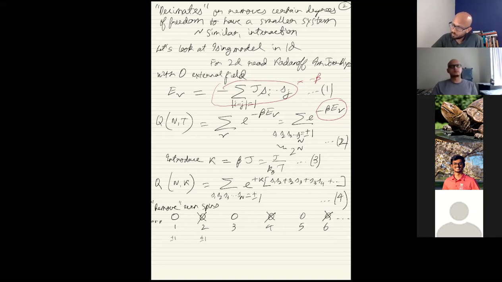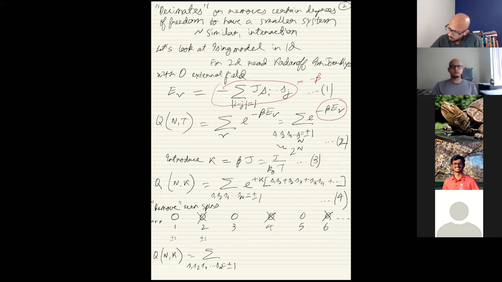What do I mean by removing even spins? Well, let's look at equation 4 once again. Equation 4 can be written as the summation over S1, S2, S3, up to Sn. By removing, I mean average over these spins. Just calculate what values they can take and explicitly account for them.